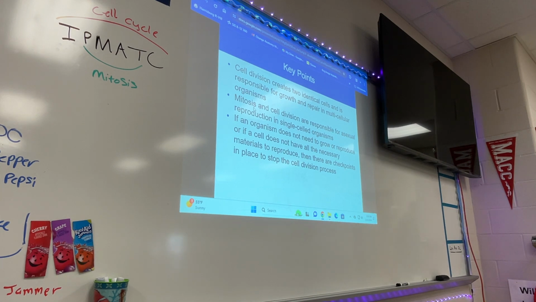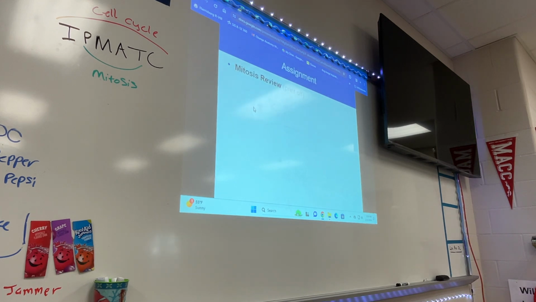We'll see if it's an assignment I need to print off or if it's in Google Classroom. I have a note in my notes, and it says print off. I don't have it printed off.